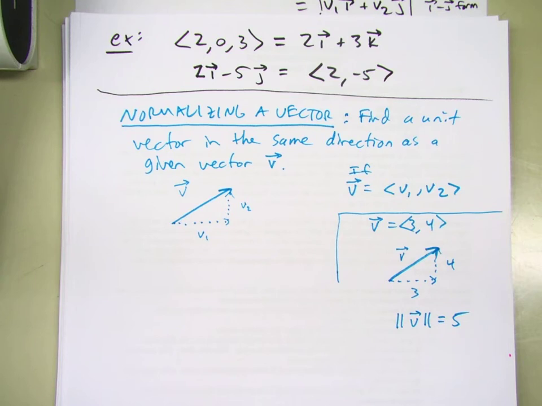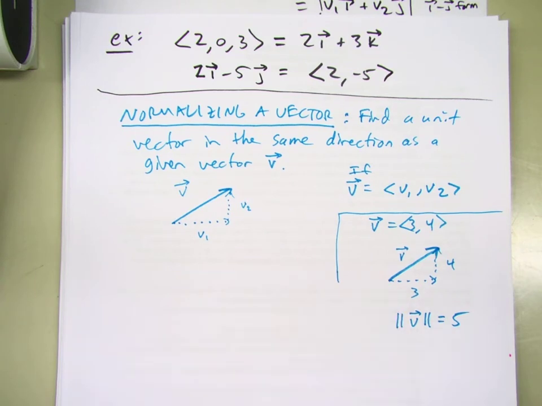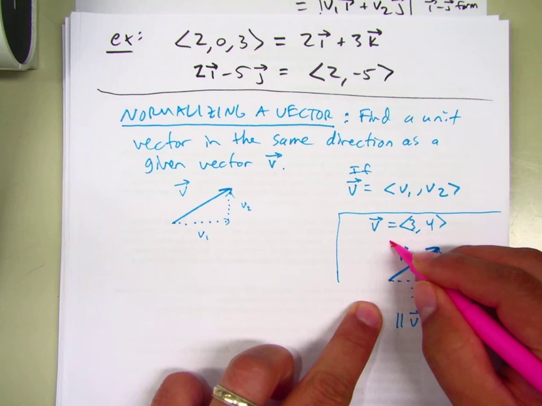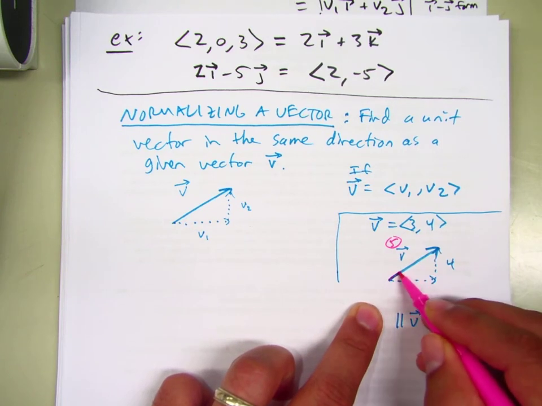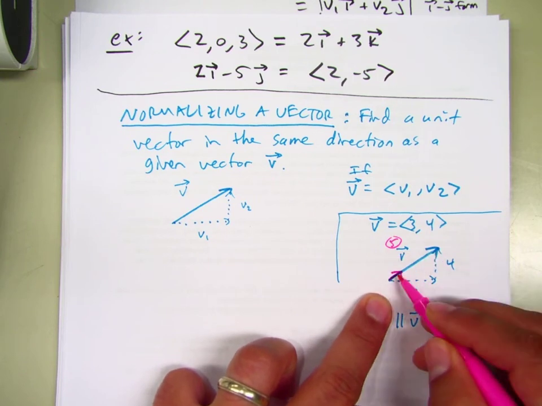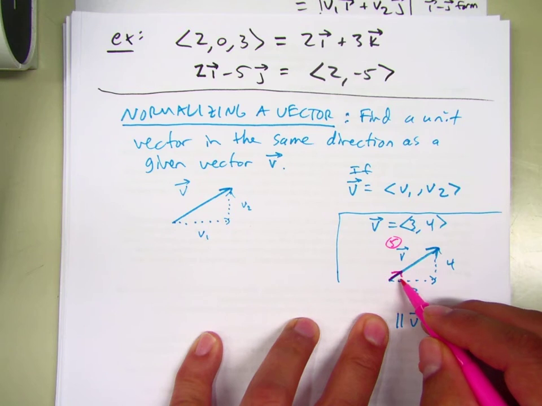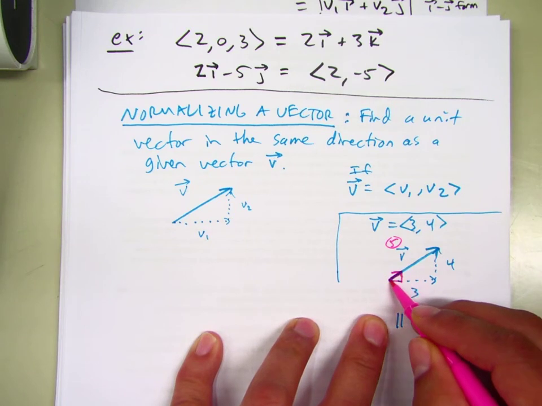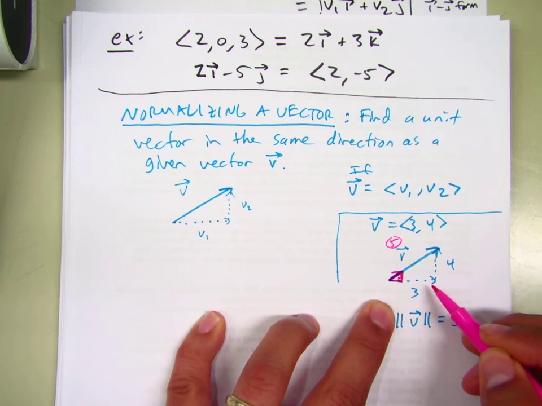Well, what it means to normalize this vector is to shrink. So instead of being 5 units long, which is how long this currently is, we want to shrink this down so that it's just 1 unit long. So from 5 units, we want to make this 1 unit long. And what that does is create this tiny little triangle in here that's similar to this larger triangle that we have here.